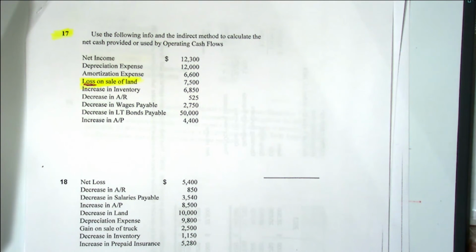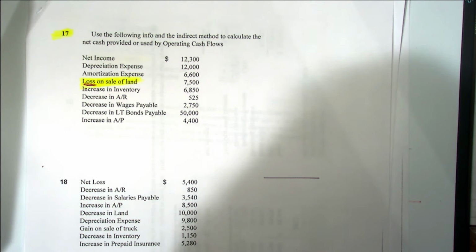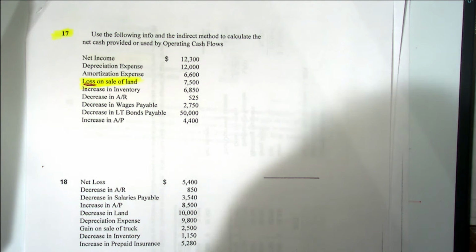No, listen to me. All losses are added back. All gains are subtracted out. We analyze all losses and gains. But the change in the account itself is not analyzed in the operating section. Does that make sense?